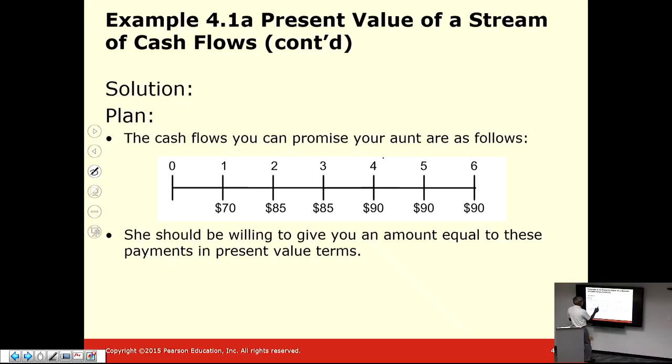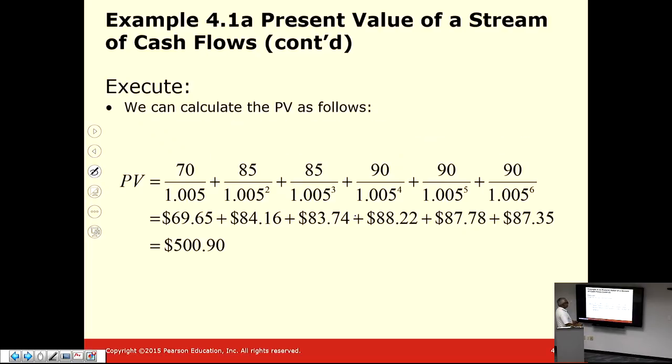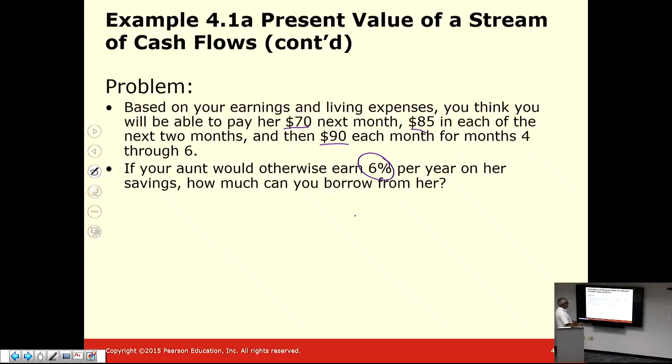So here are your cash flows: $70 in month 1, $85 in months 2 and 3, and then $90 in months 4, 5, and 6. The trick over here is to remember that the interest rate is given per year, 6% yearly, but my time is monthly.